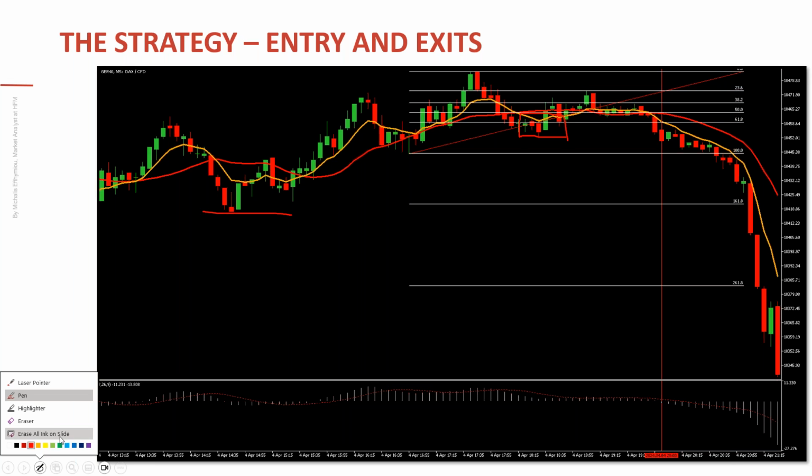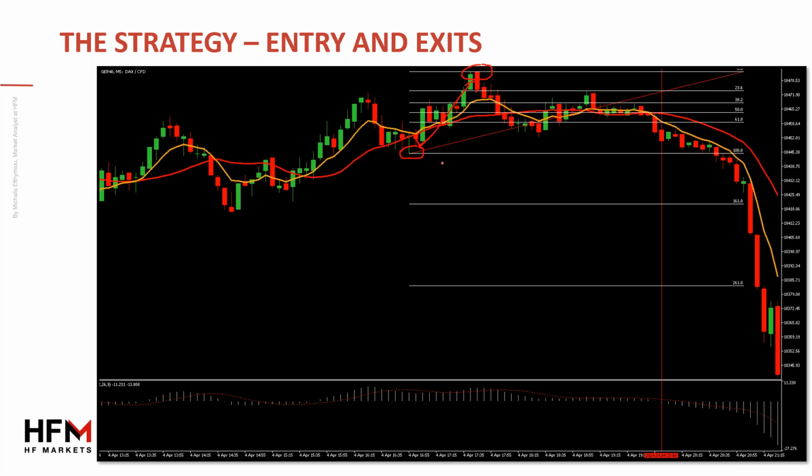Next option, okay? The next option, ladies and gentlemen, you can look at the most recent wave. So the most recent impulse wave, so not corrective wave, is this all the way up to here. So this is the most recent wave here. What you can do, ladies and gentlemen, is use the Fibonacci retracement.